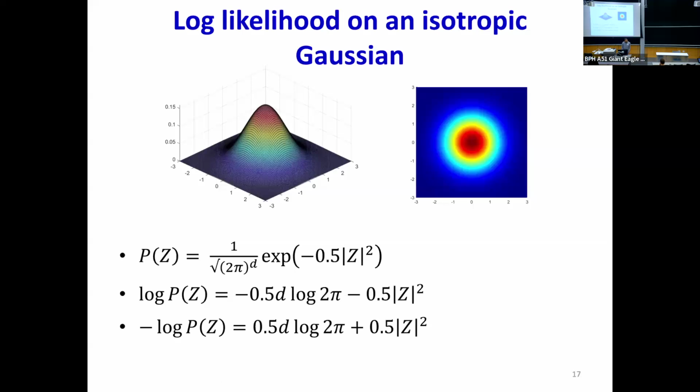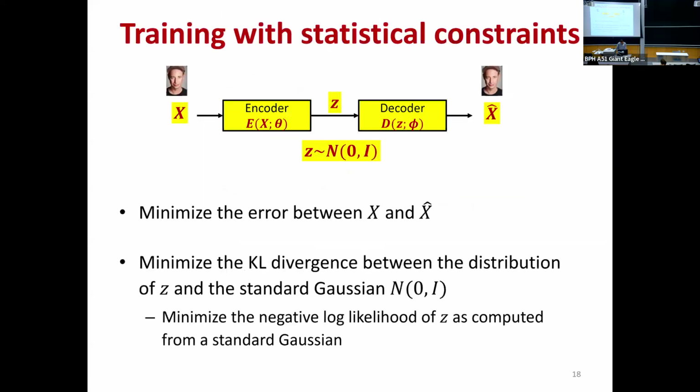So basically what this is telling us is that if I want to compute the probability of any vector z as given by the standard Gaussian, this is, to within an additive constant, simply proportional to the squared norm of the vector itself, right? And so using that, if I want to minimize the error between x and x hat when I train my autoencoder, I also want to impose the constraint that z comes from a standard Gaussian.